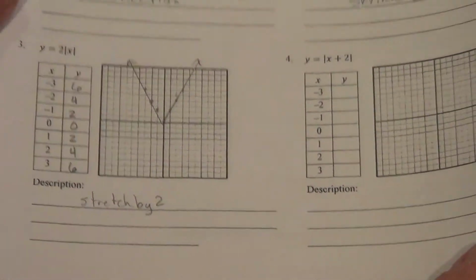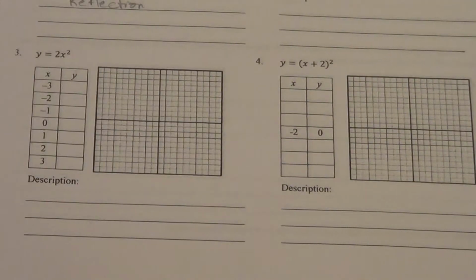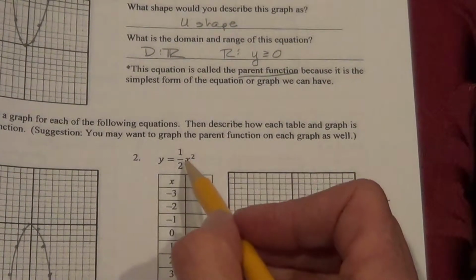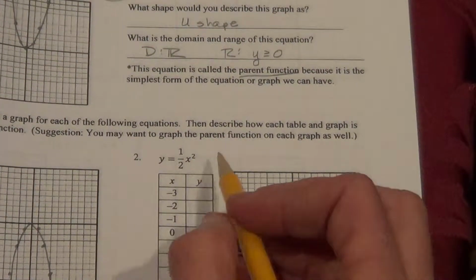Transformations, no matter what shape of graph it is, they do the same things. The number has the same action. So here you can guess we're going to see a shrink by 1/2.